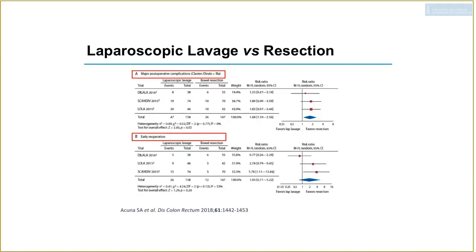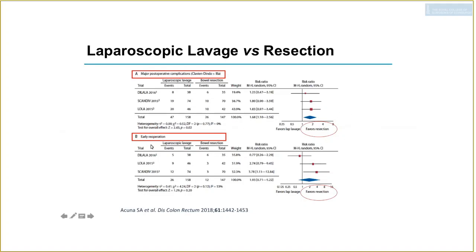And if you look at the randomized controlled trials, you can see the numbers are relatively modest, but these are fairly well-controlled trials, which, if we cut to the chase, when you look at major postoperative complications, randomizing between just lavaging, just washing out, versus resection, it comes out in favor of resection rather than lavage.